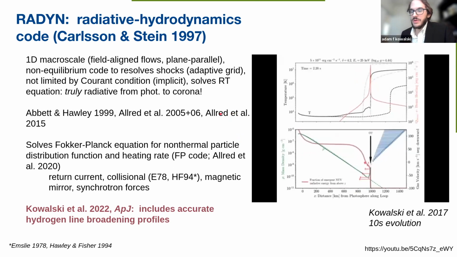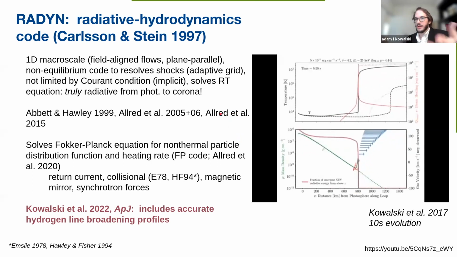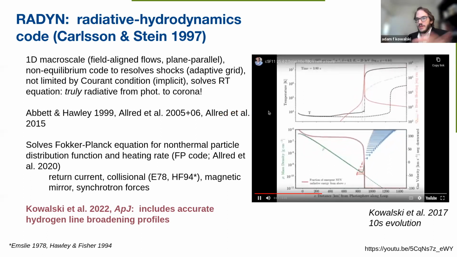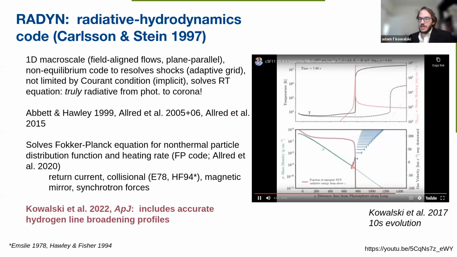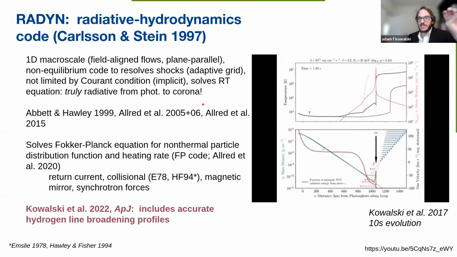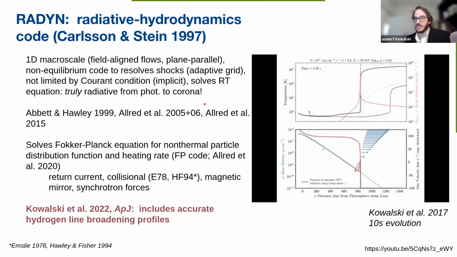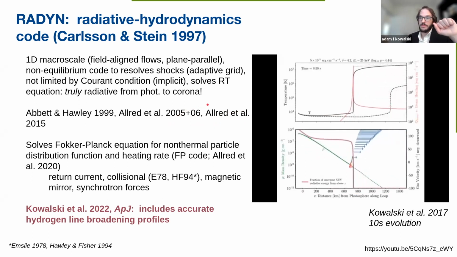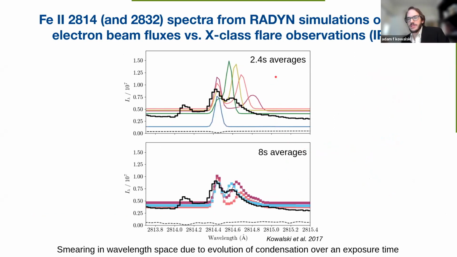So how do the spectral predictions from a model like this compare to IRIS observations? I'm going to focus on some iron-2 emission line observations instead of the magnesium-2. I'll come back to the magnesium-2 in a little bit. Here are some comparisons of that model to an observed iron-2 line during an X-class solar flare in 2014.